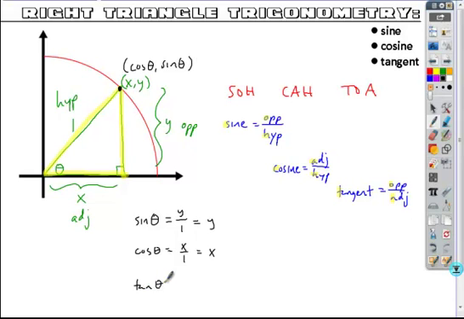And then finally, the tangent is opposite, which is y, over adjacent, which is x. And if you think in terms of what you see here, y is equivalent to which trig ratio? Sine. And x is equivalent to cosine. So this is something that will come up a little bit later, that the tangent is equivalent to the ratio of the sine over the cosine.